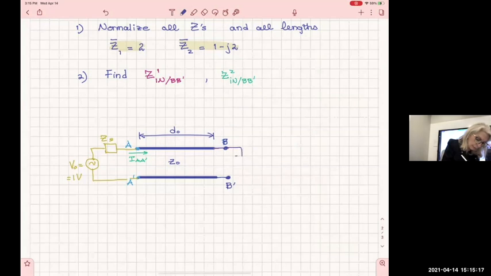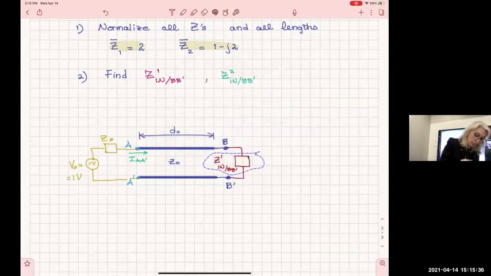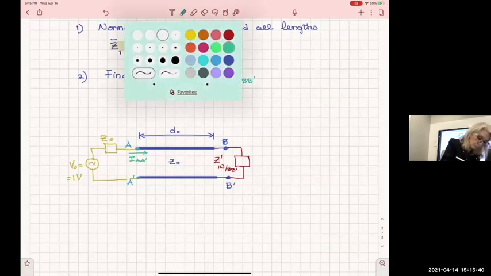One is that, and that's the Z in 1 BB prime. And then I will make this one red. And the other is this one.